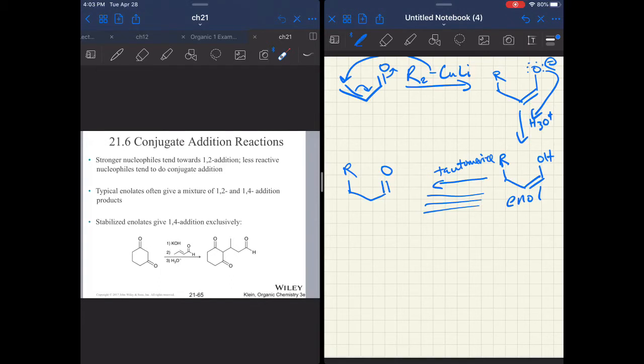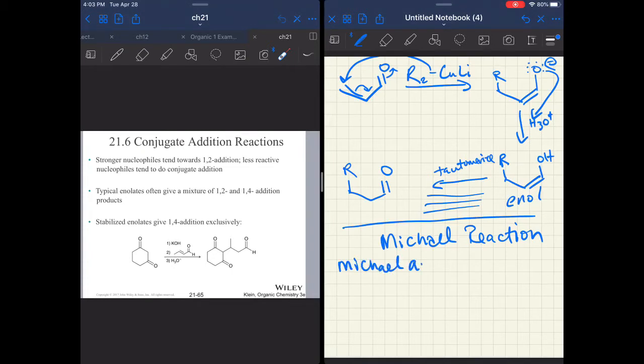Now, Gilman reagents aren't the only ones that can do this. What this is called is a Michael reaction, these conjugate addition reactions. And it's important that you have a Michael acceptor, that's the one with the beta position that you're interested in, and then the Michael donor, the one that is going to be giving the electrons.